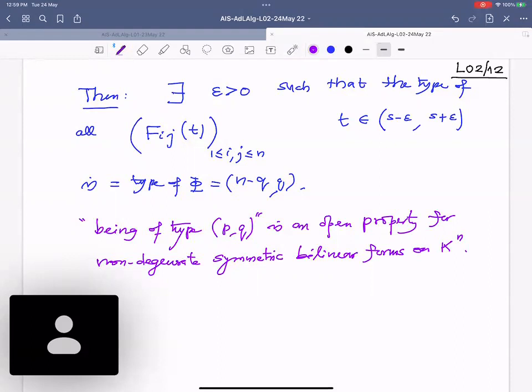Sir, here the field K is the real number field R? Take real numbers. Take R or take C. Doesn't matter. Sir, if we take the complex numbers instead of this, then in the case of real numbers we had this interval s minus epsilon and s plus epsilon. In the case of complex numbers, can we expect a disk? Don't take complex numbers.